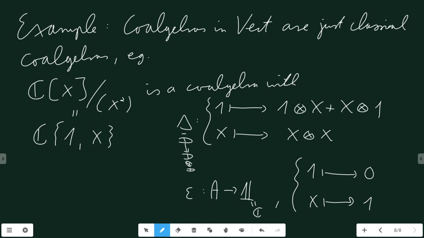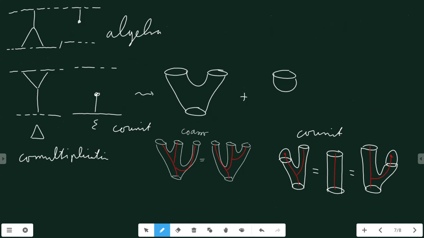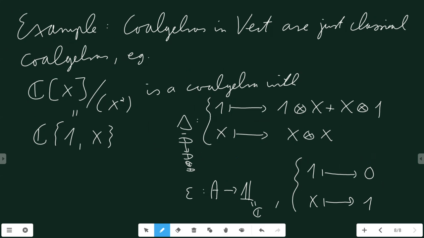And now you could check all those conditions that you would like to see satisfied by those two. Okay, so algebras and co-algebras, their relations are actually completely topological in nature. It's like playing with surfaces. But something is missing, okay?